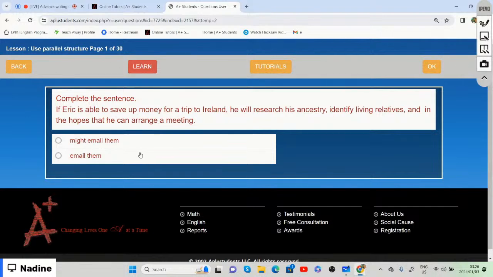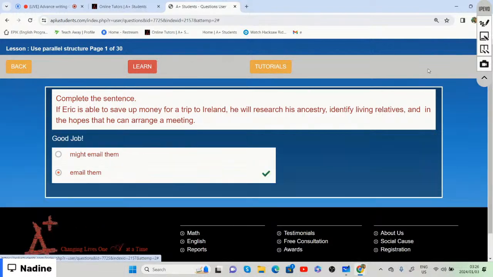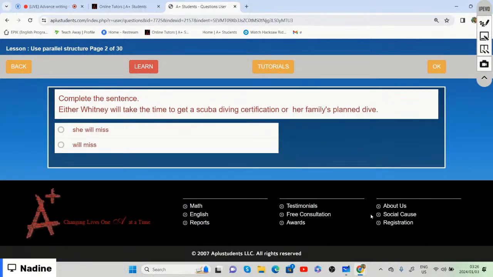So let's say email them. I still think it's might email, which means possibility, but let's go with email them. And email them, that is in order for him to save and to go on his trip.